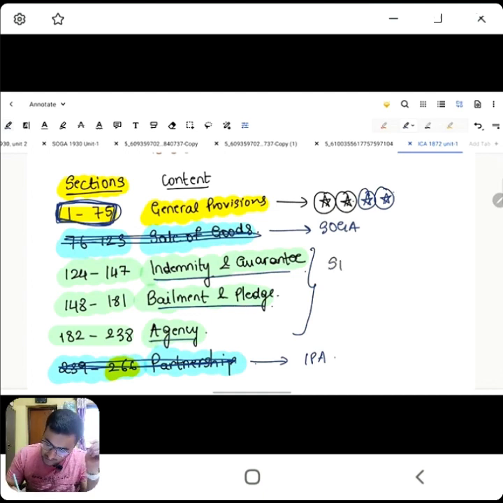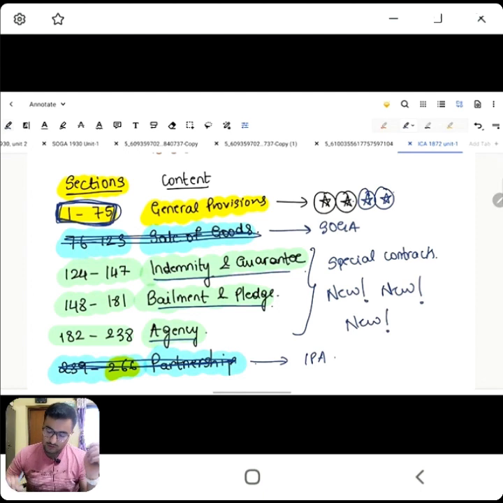These are known as special contracts, and these are new, new, new.